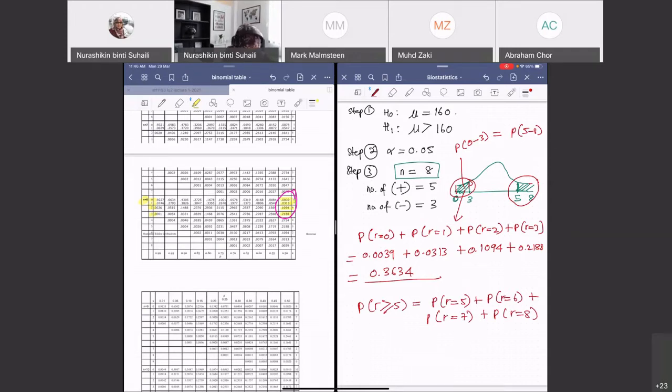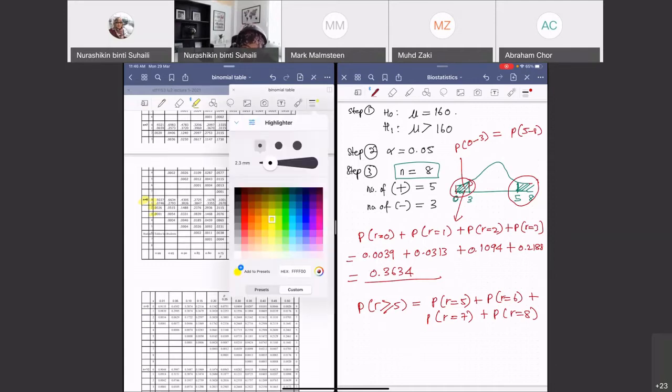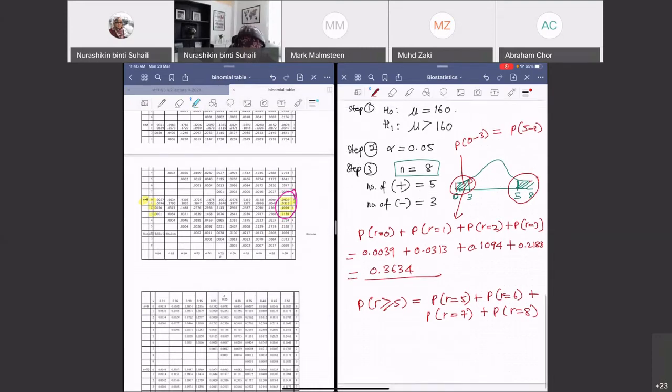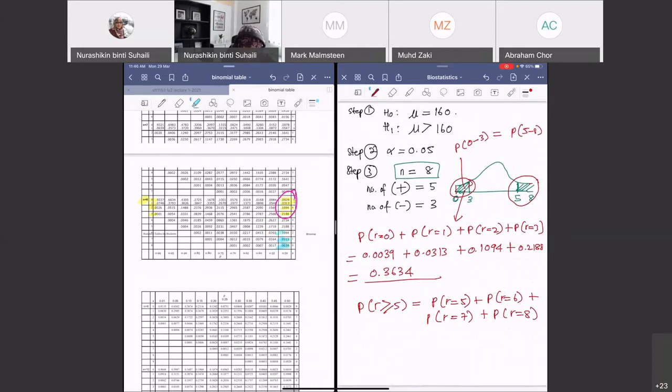This one doesn't have it. Okay, this one here, I highlighted in different colors. So the values are actually the same in this table.